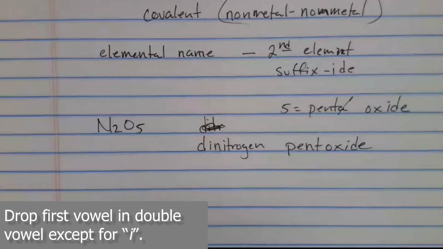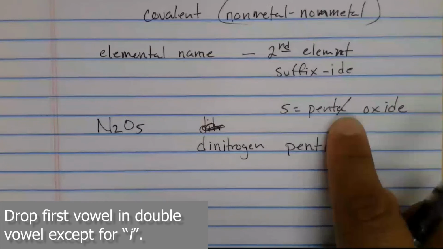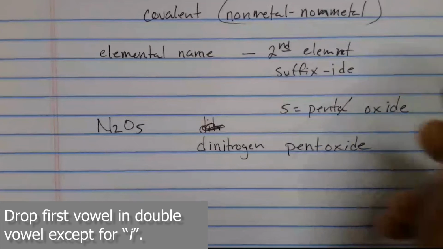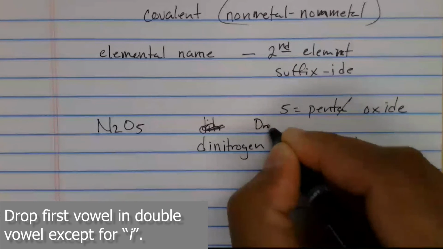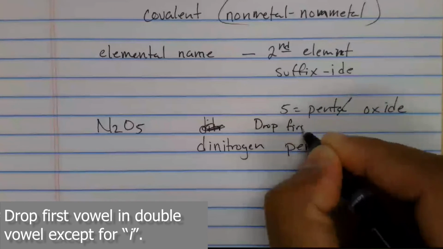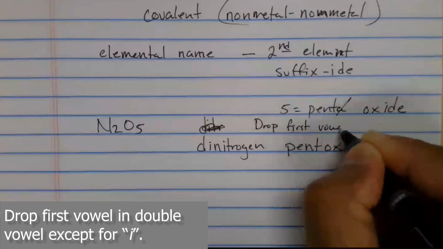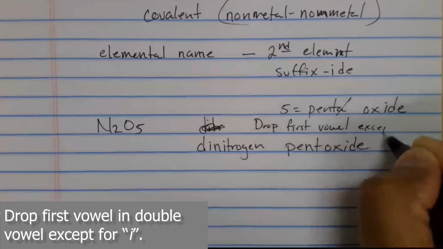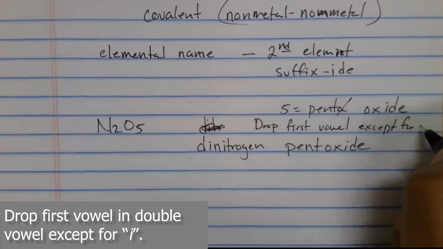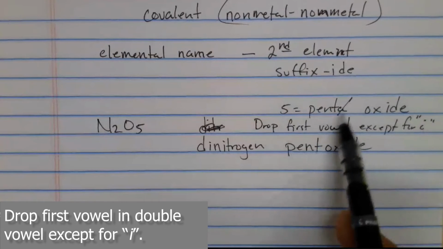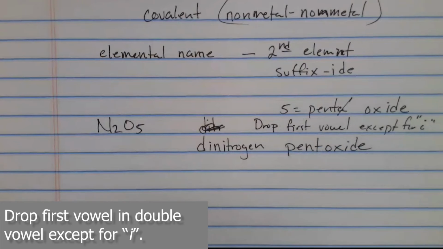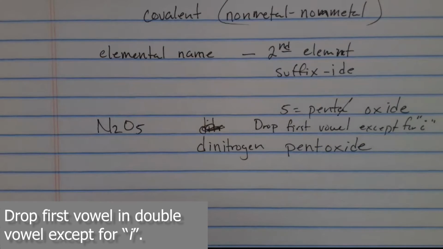Dinitrogen pentoxide. So you do this for double vowels except for I. So whenever you have a double vowel, drop the first one except for I. And I'll show you an example here in a minute.